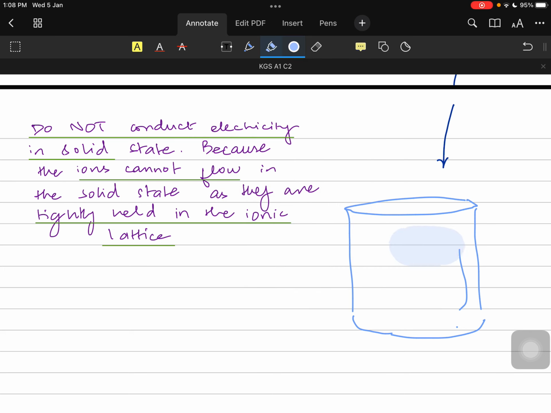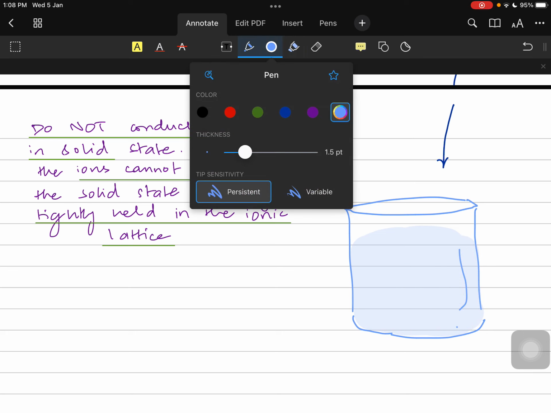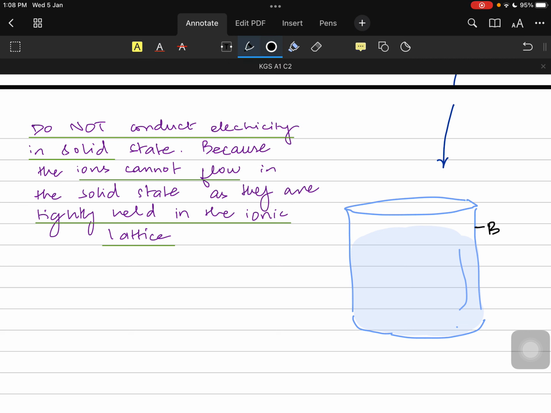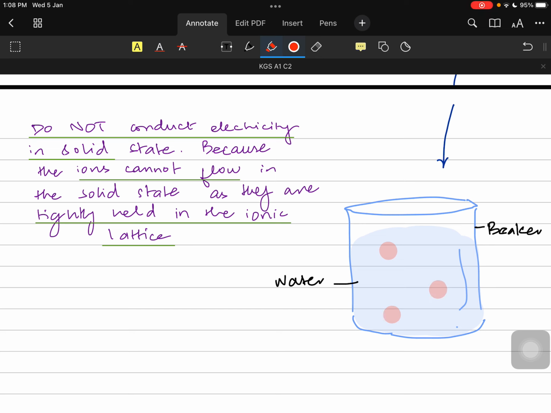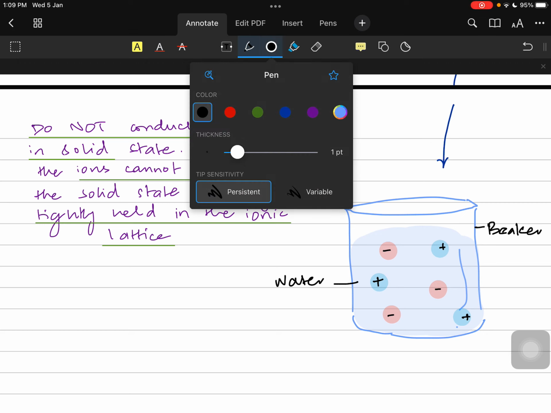This is the beaker, this is water, and I'm dissolving my ionic compound. So what happens is the ionic lattice is broken down and the ions move separately. These are my negative ions, remember, and these were my positive ions. So in the liquid state, they can flow freely.